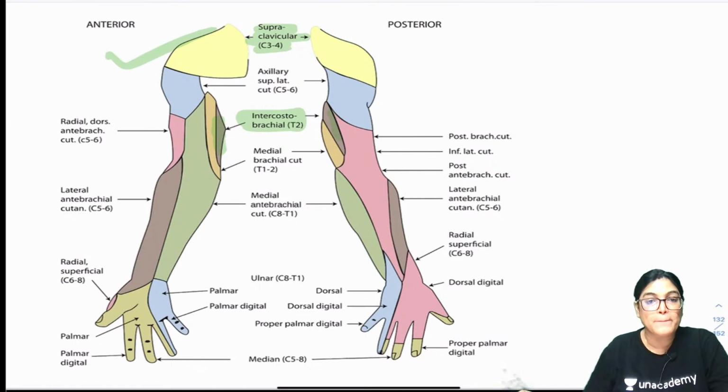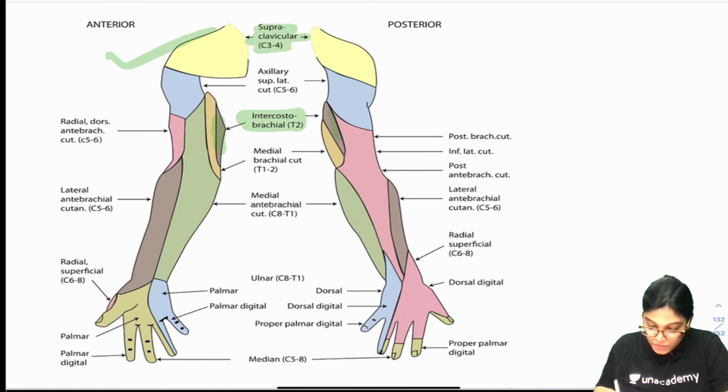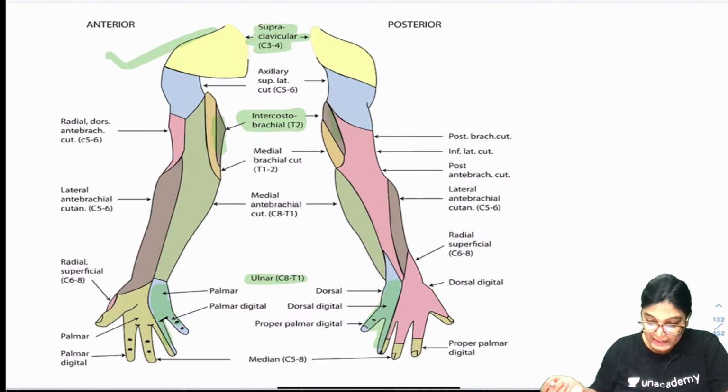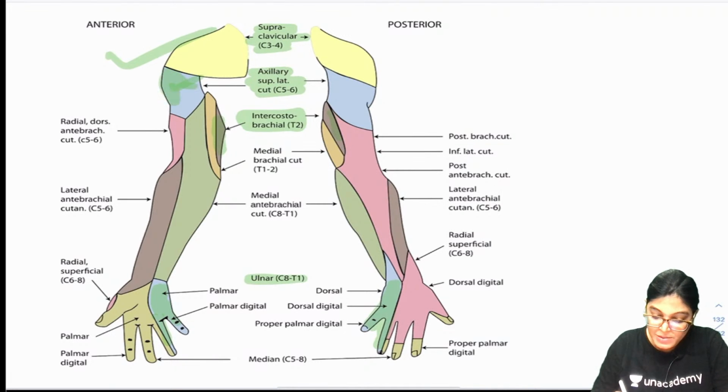The medial aspect of the arm. You can revise the whole of it. Ulnar nerve: see here, it gives supply to the medial aspect of the dorsum and the palmar aspect of the hand. Axillary nerve is more towards the lateral upper aspect of the arm.